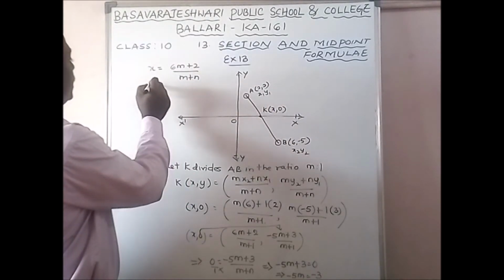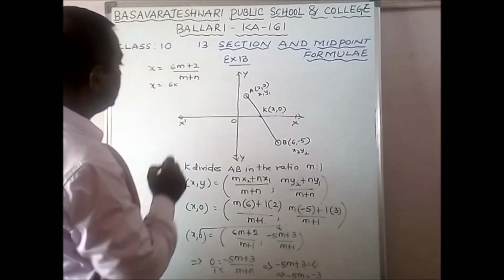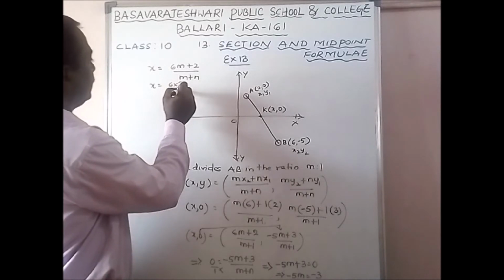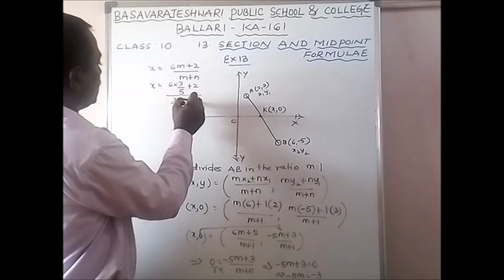So now x is equal to (6 into 3 by 5 plus 2) by (3 by 5 plus 1).